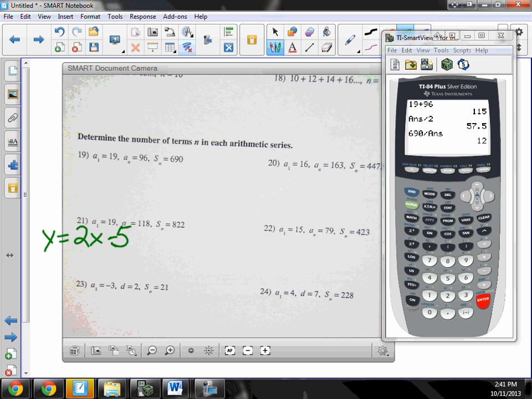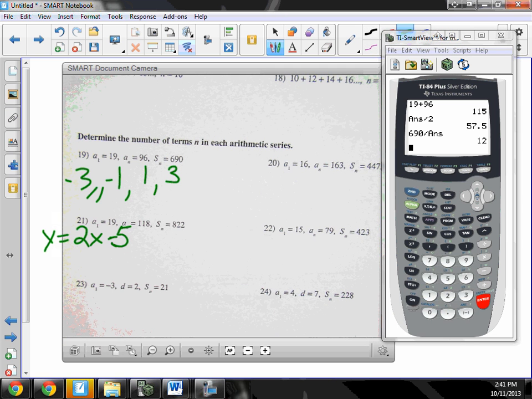Oh, so we could, okay. So negative 3, plug in 2, and you get negative 1. Plug in 2, and you get 1. Or, plug in 3. Plug in 4, and you're going to get 3. When do I stop? Well, kind of at 21. When the sum is 21, right?